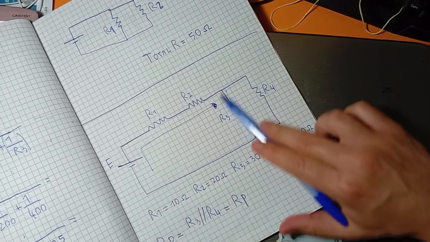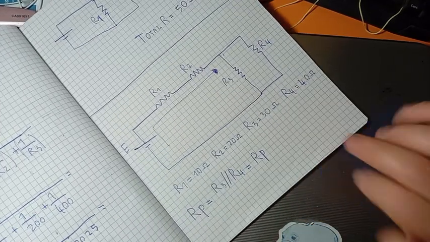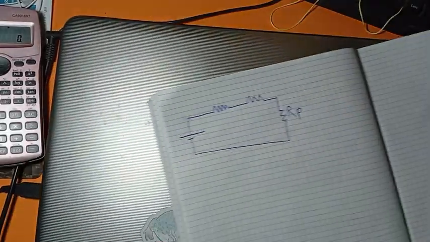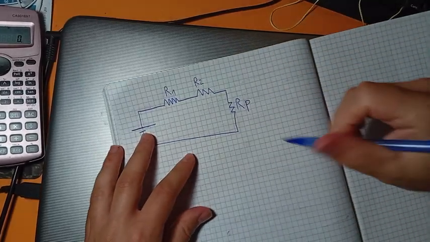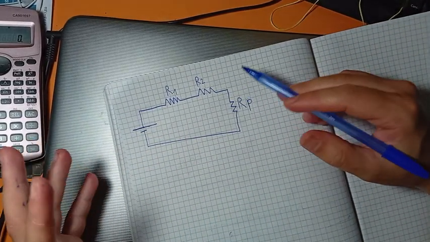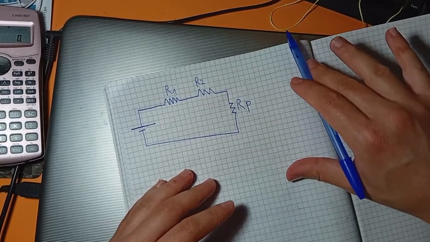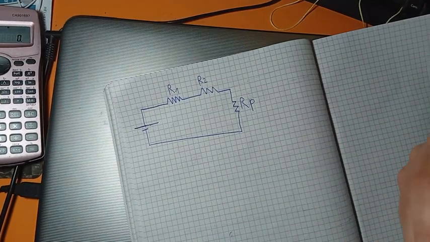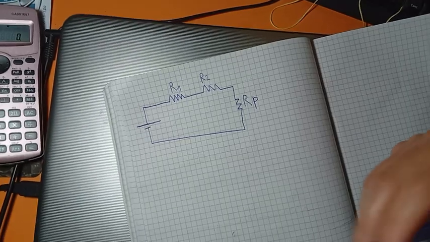So in place of these two, we'll put RP, which is the parallel. This is R1 and R2. It is perfectly equal to remove R4 and R3 and put another resistor which is equivalent to their parallel, which is an equal value to their parallel, okay?